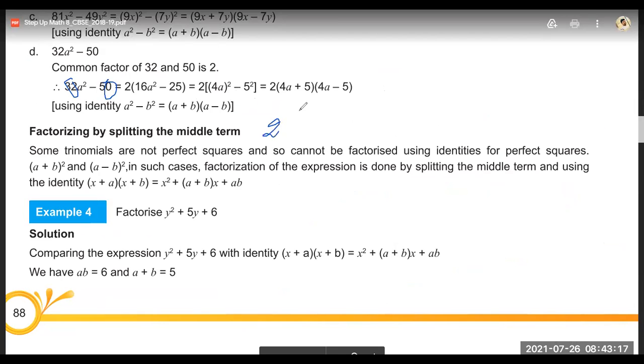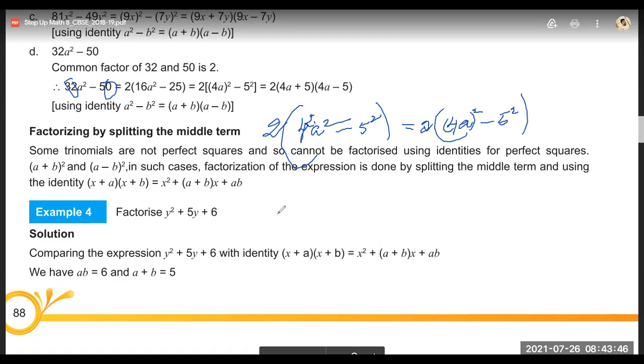After that, 16 can be written as 4 square a square, and 25 can be written as 5 square. Again, 4 square a square can be written as (4a) whole square, minus 5 square.